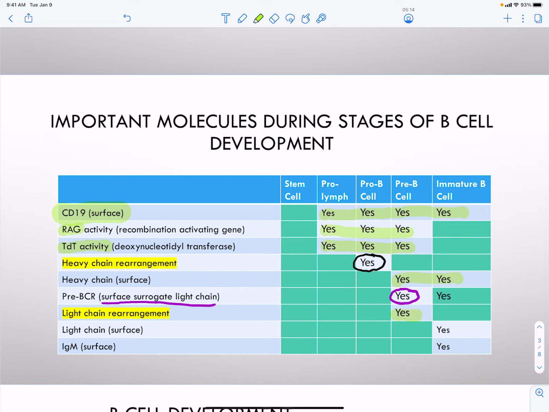And your light chain rearrangement is going to occur in the pre-B cell stage. So heavy chain in pro-B, light chain in pre-B cell. And then the light chain on the surface will be there for the remainder of the life of the B cell. And the first immunoglobulin on the surface, of course, is going to be IgM on the surface of the developing B cell.